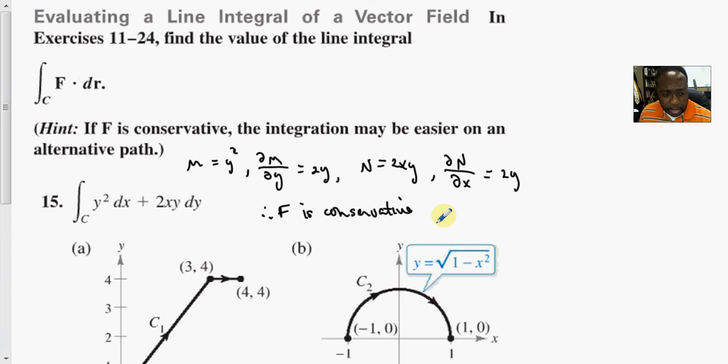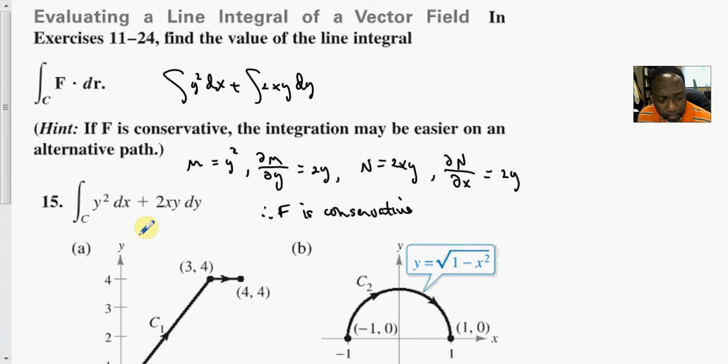So if that's the case, then we find the potential function by taking the integral of this first part with respect to dx plus the integral of 2xy with respect to dy. Here the line integral is written in differential form, right? Either it can be written in vector form or in differential form.